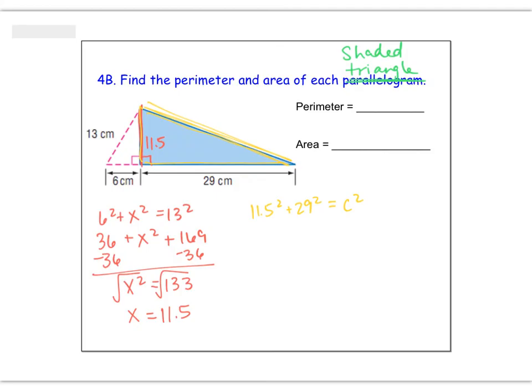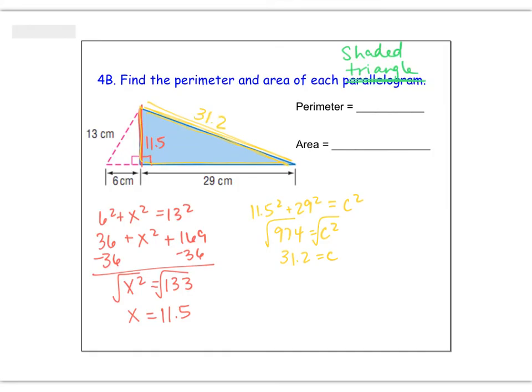Go ahead and calculate this and then check to see if your answer is right. All right, if you got 31.2 for that third side, you are correct, 31.2.